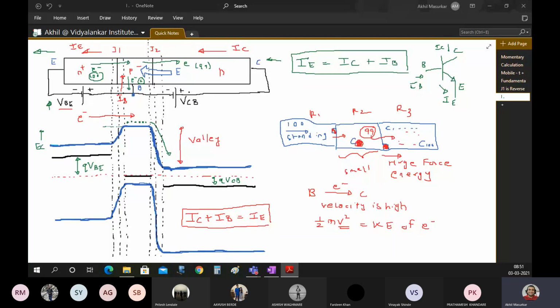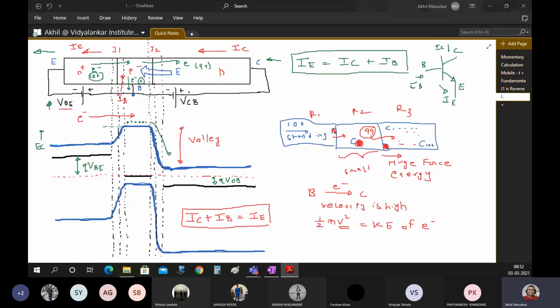The base region is very small, a point to be noted. Therefore, in the ideal case, the injected electrons will not recombine with any of the majority carriers, that is holes in the base. So ideally there will be no recombinations, but practically there will be some recombinations. So that is very important.